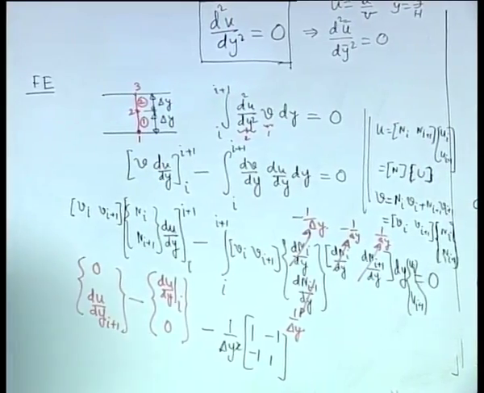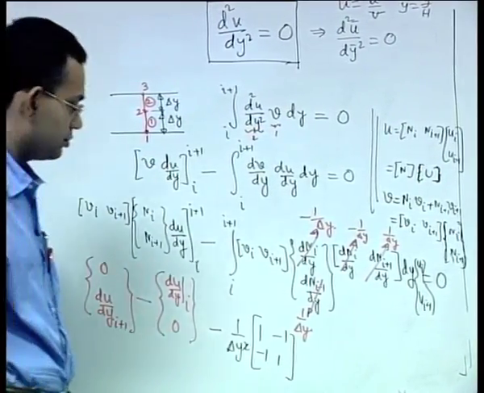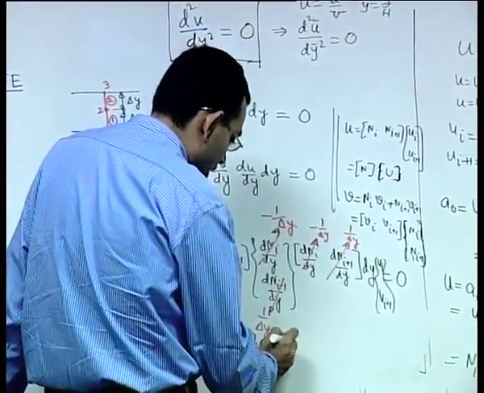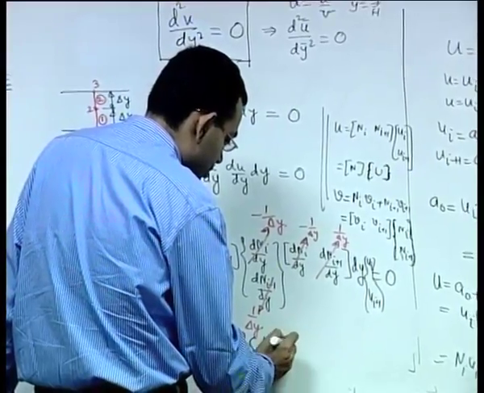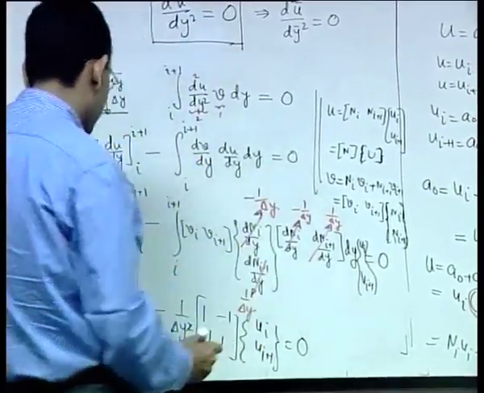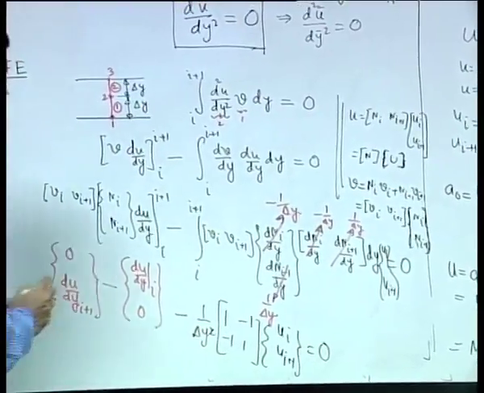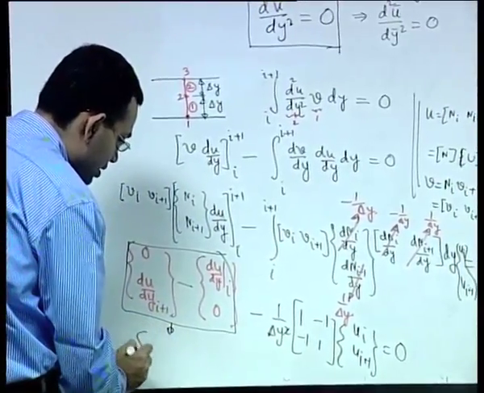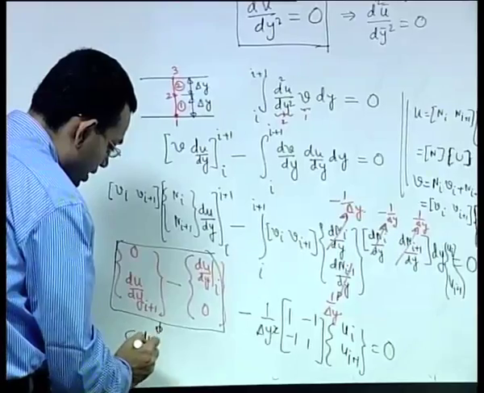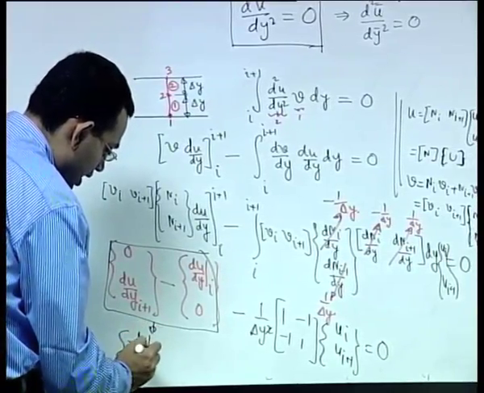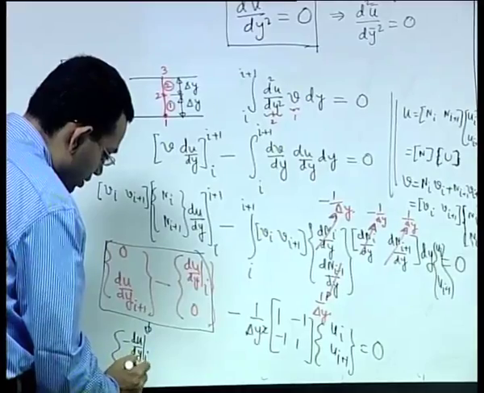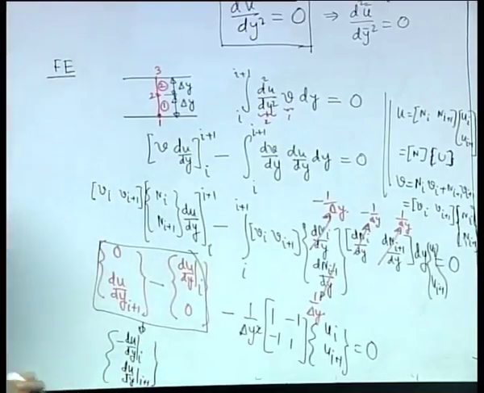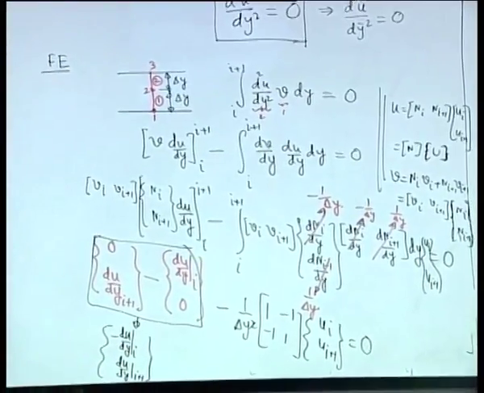This into ui, ui plus 1 equal to 0. So, the first two terms, the boundary terms, we can write together as minus du dy at i and plus du dy at i plus 1.